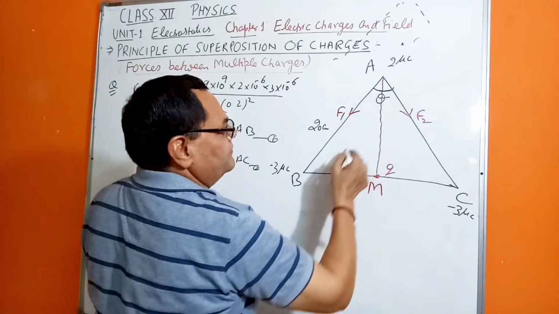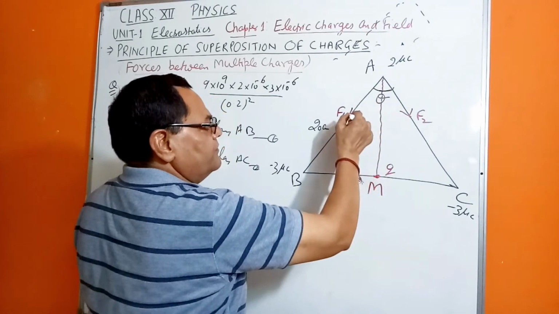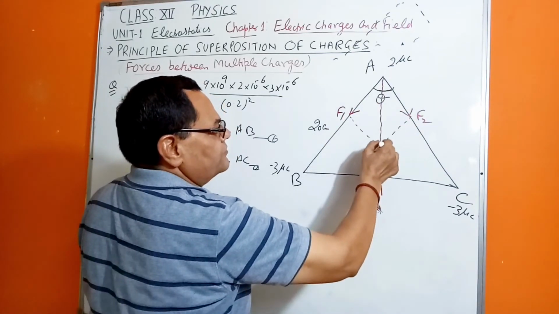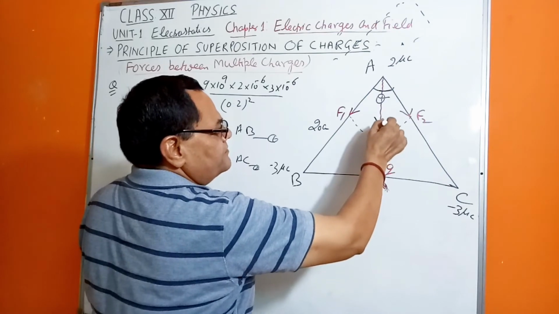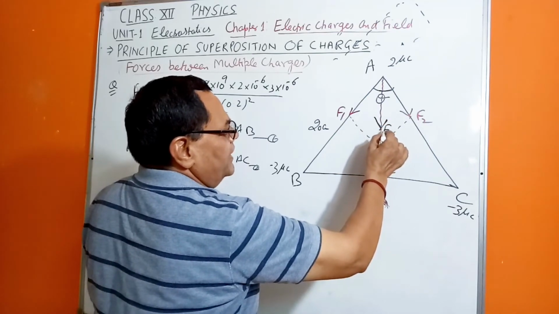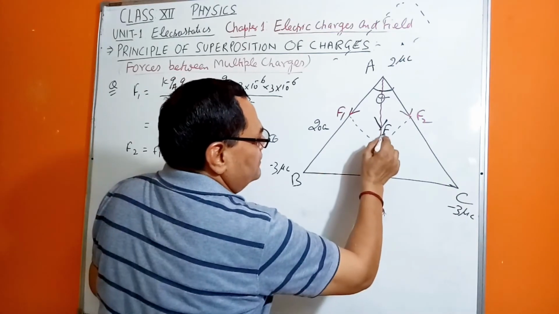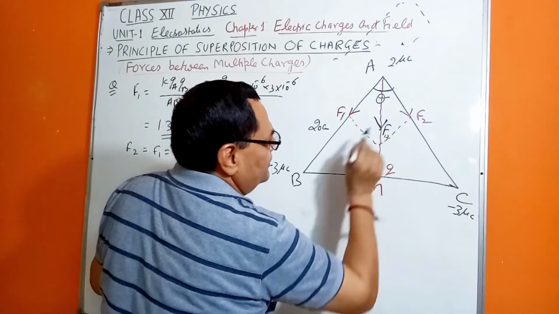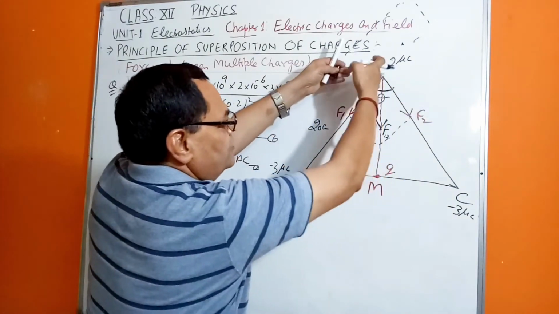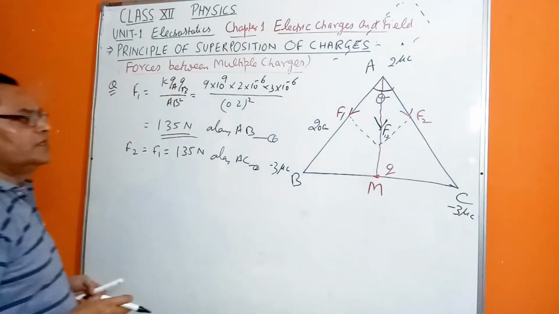This is the angle between them. So the resultant force will be found by using the parallelogram law of vectors, and the resultant will be acting this way. Let me put it as F, or rather the resultant of these two you may put as F12, because it is the resultant of 1 and 2.